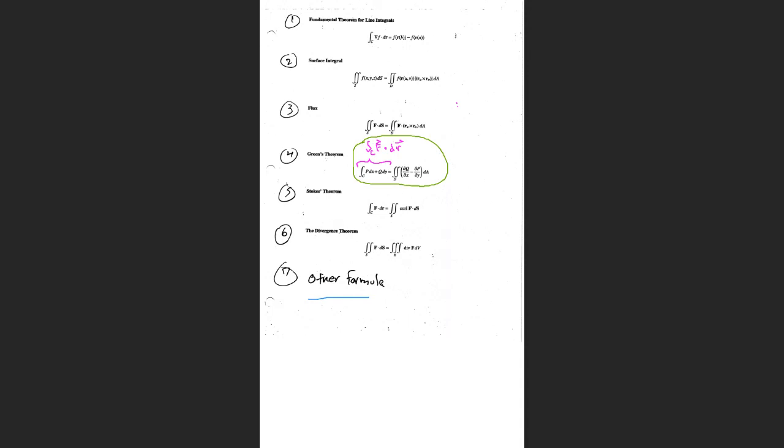The vector field F, right, is equal to some function P of x and y times the vector i, plus some component Q of x, y, j. So for Green's theorem, that's your vector field.